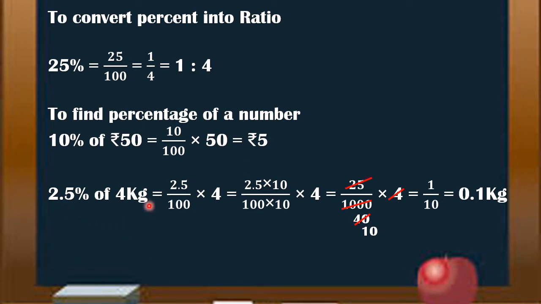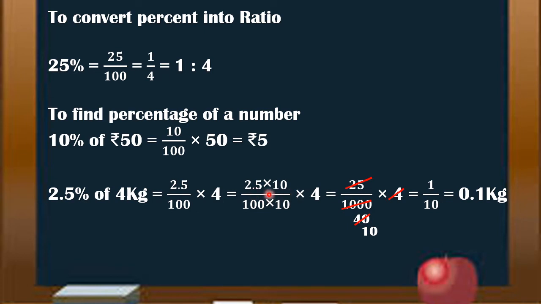2.5% of 4 kg will be 2.5 by 100. So here a decimal is there, 2.5. To remove that decimal, we need to multiply the numerator and denominator with 10. So it will become 2.5 into 10 by 100 into 10, and we are finding it of 4 kg, so into 4.